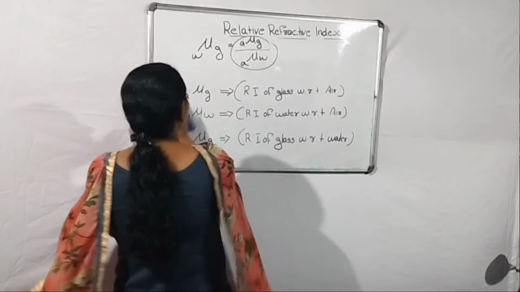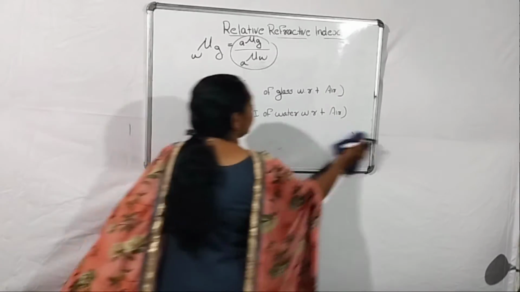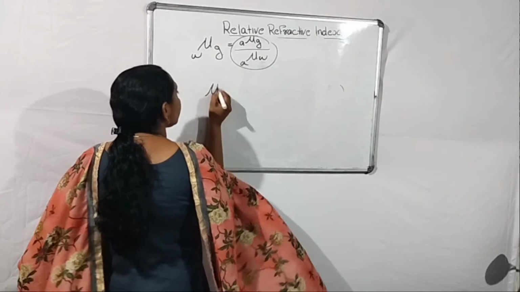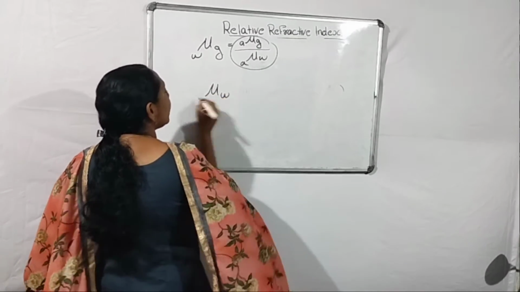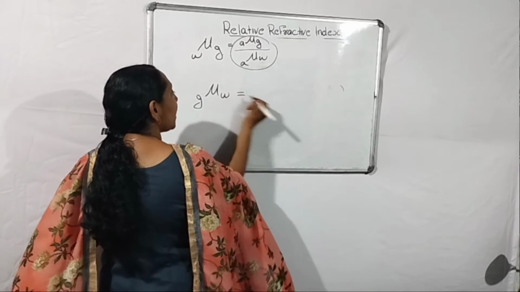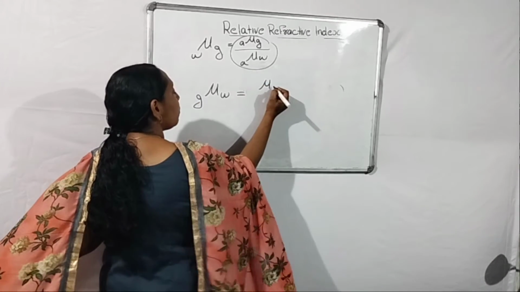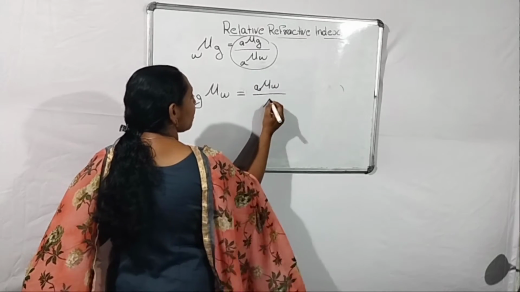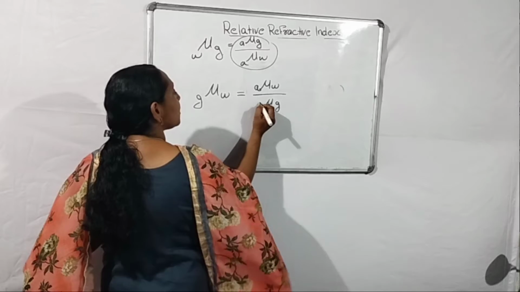Similarly, another expression: the refractive index of water with respect to glass. How will it be written? The refractive index of water with respect to air divided by the refractive index of glass with respect to air.